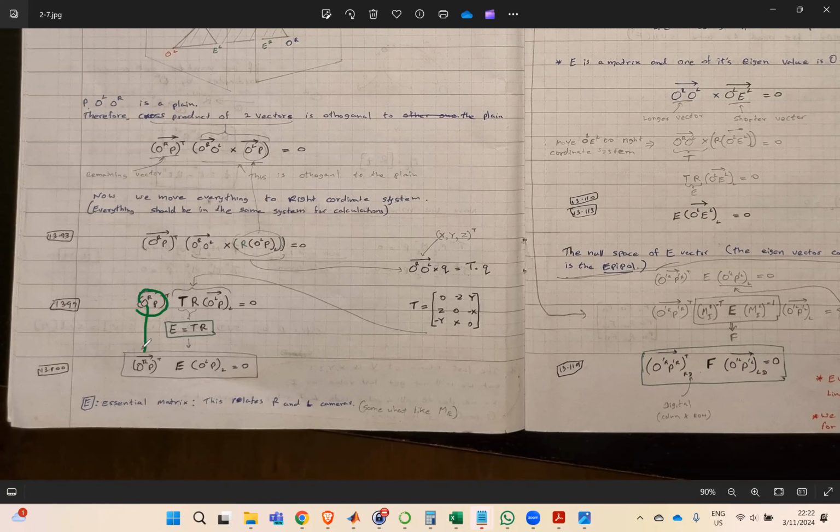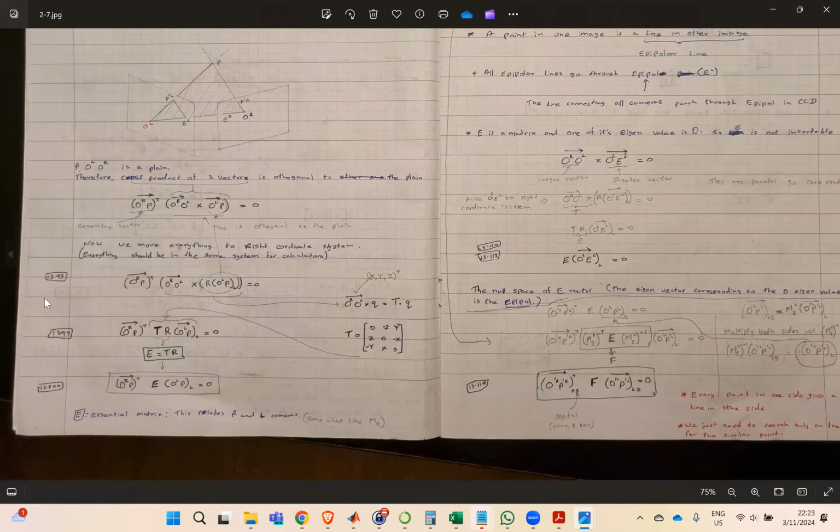So this part stays as it is, and the middle part we can write as E, the essential matrix. We call it the essential matrix. And the last part, OLP. If you look at what these are, ORP and OLP, it is nothing but we are observing a point in the world from both of these cameras.